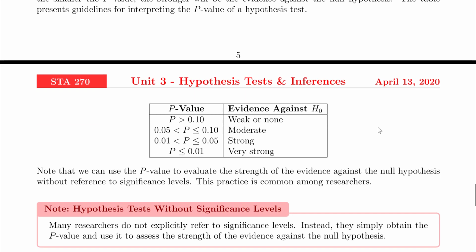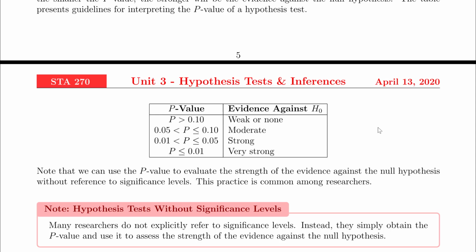So here, this chart kind of gives you a breakdown. If the p-value is greater than 0.1, then there's weak to no evidence that we should reject the null hypothesis. If it's between 0.05 and 0.1, then we have moderate evidence that we should reject the null hypothesis.